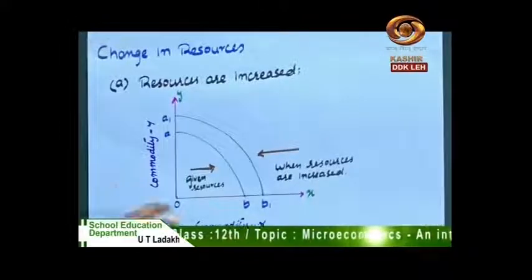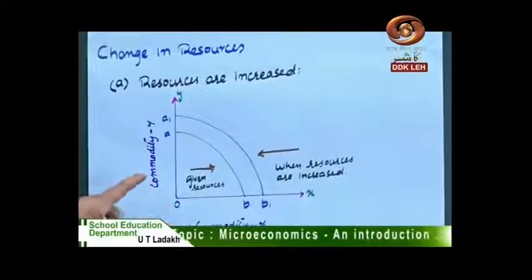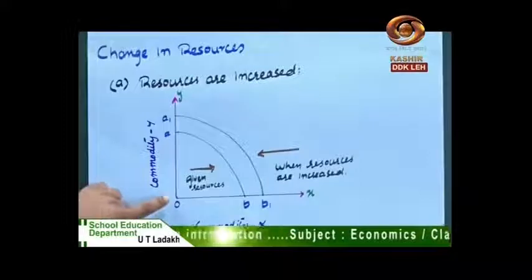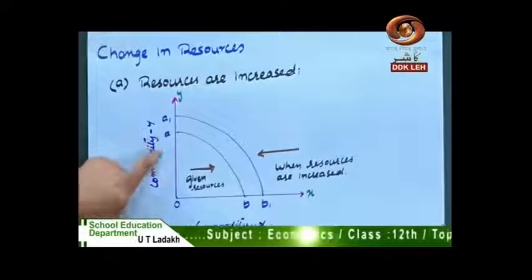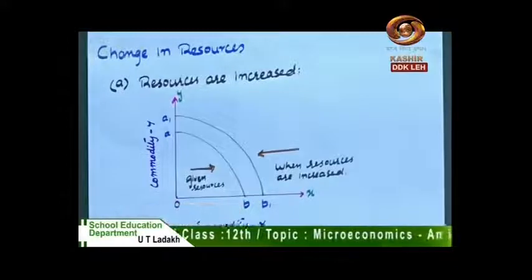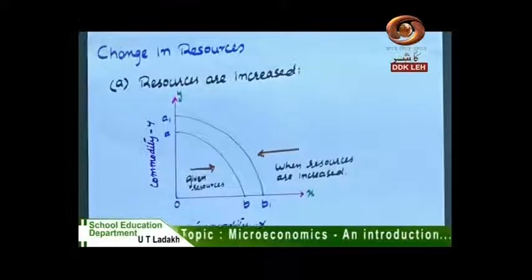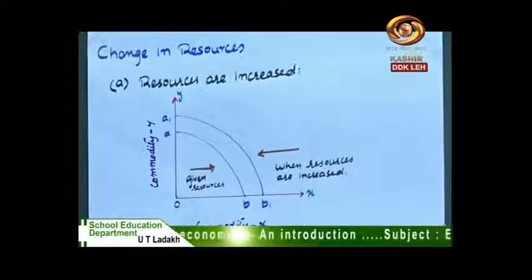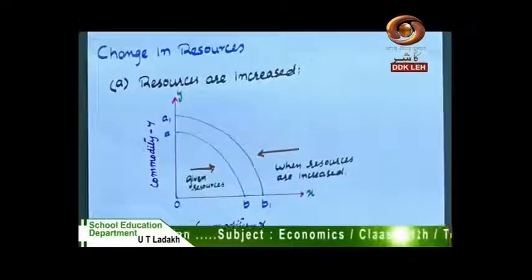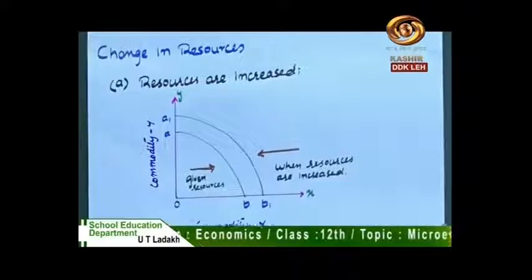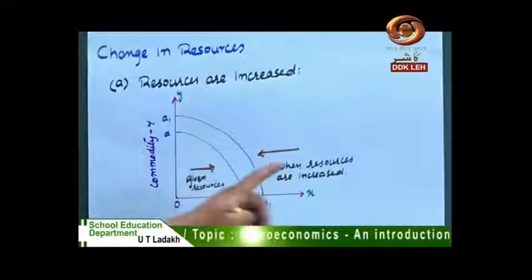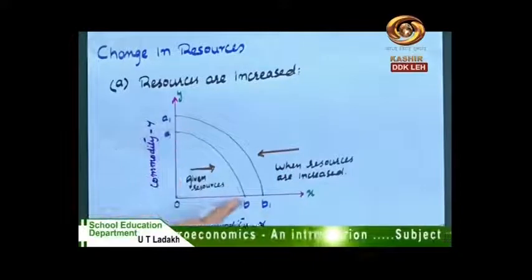Again, I'm explaining it. With the original resources, we are producing this much of commodity Y and this much of commodity X. When there is an increase in resources, like here I have taken resources as labor and capital, from 10 to 12 and capital from 5 to 7, the production possibility curve will shift towards right, that is from A to A1 and from B to B1.